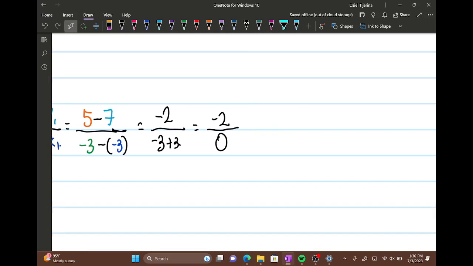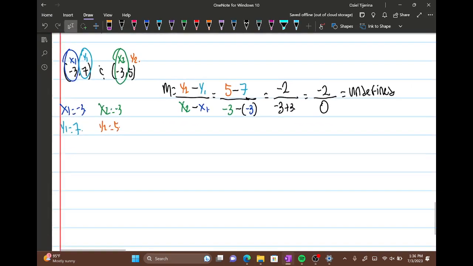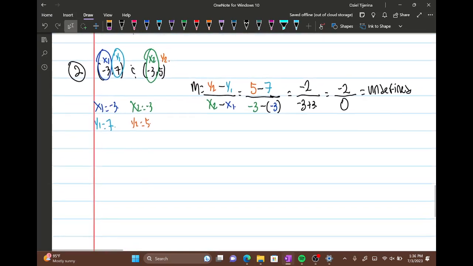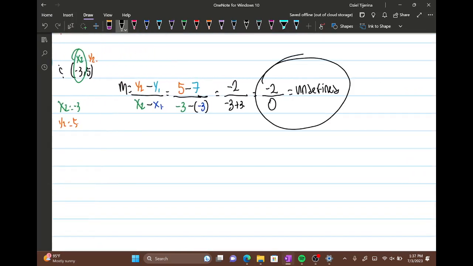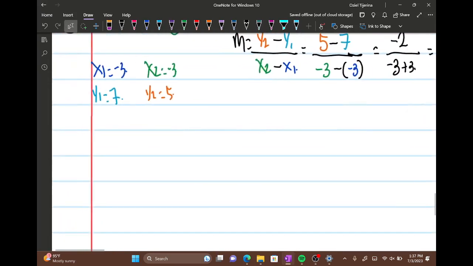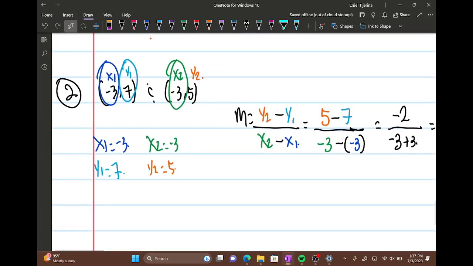When a 0 is in the denominator, this is undefined. So meaning that the slope is undefined, right? So we always want to say this. Do not ever say that it's 0 because it is going to be wrong. I really want to make sure that that is very clear.